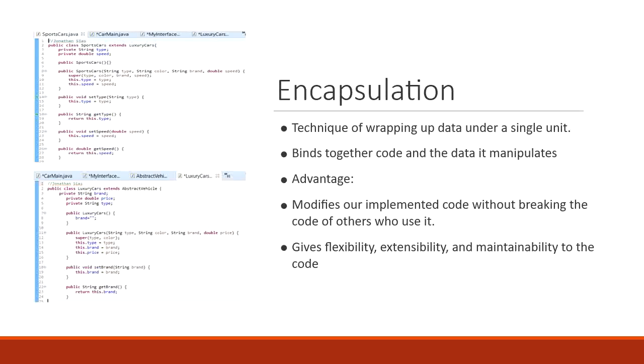That's why I have a private String type and private double speed. And throughout the code, I have public getter and setter methods, because the user can't access these directly since they are private. The second picture shows a similar process, the one below.